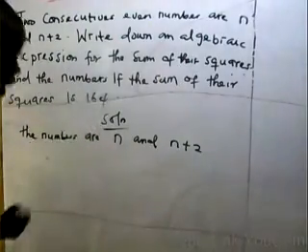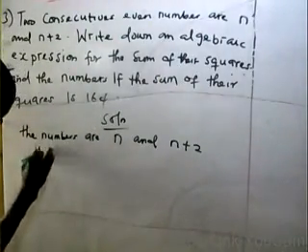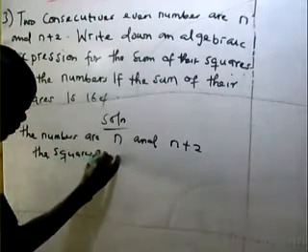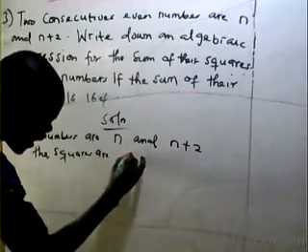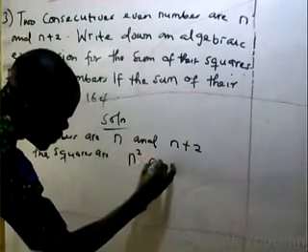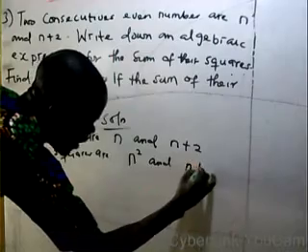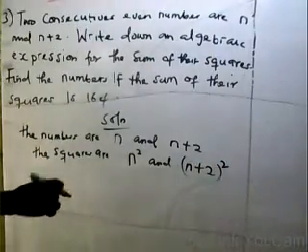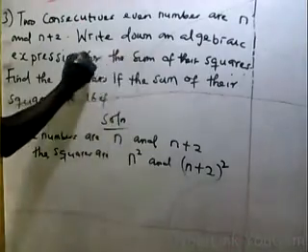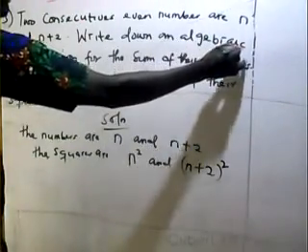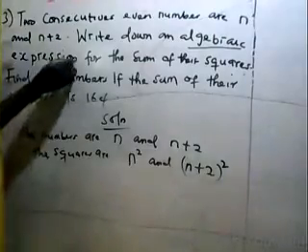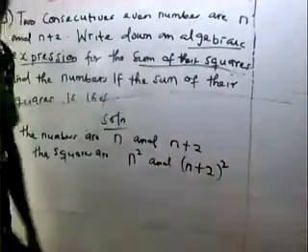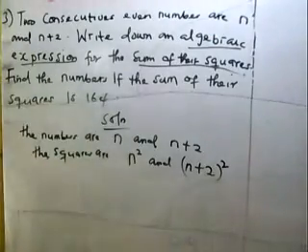So the square of n, the squares are n squared and n plus 2 everything squared. So we now want to write the algebraic expression for the sum of their squares. Are you getting it now?